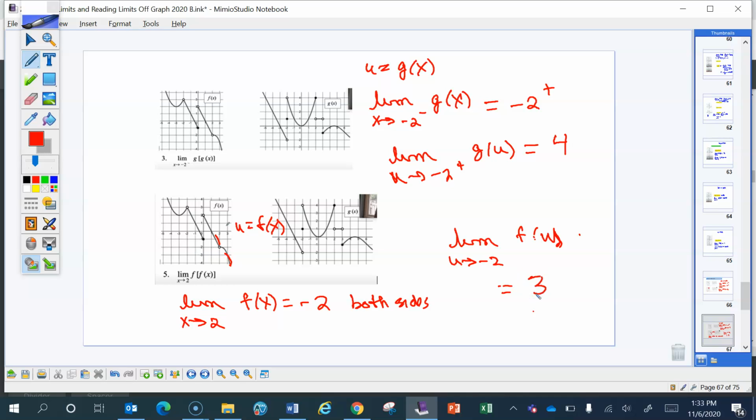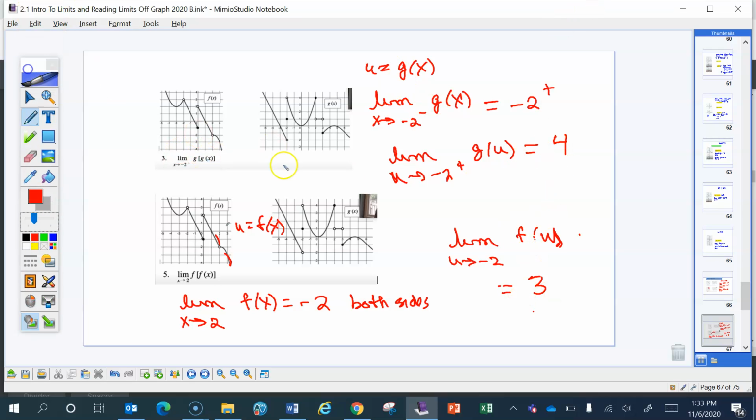So you just have to be careful with some of these composite functions. Do the limit of the inside, and then whatever that limit is, that's the limit you're approaching on the outside. If you're approaching the inside limit from values above, then we take the positive branch. If you're approaching from both sides, above and below, you just have to do the limit at -2. So you have to be a little bit careful with some of these composite ones.